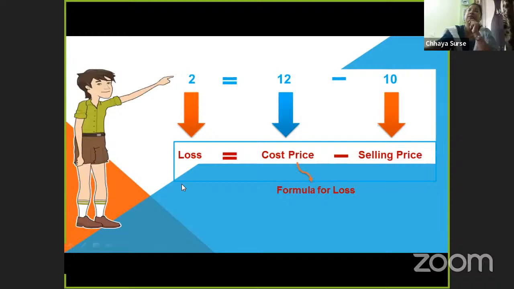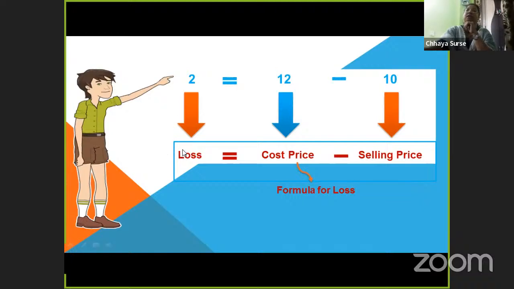In profit, what is the profit formula? Profit equals selling price minus cost price.